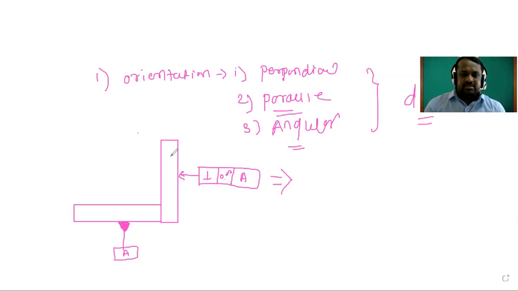This surface should be perpendicular with reference to this surface, within the tolerance of 0.02. That means this component should be perpendicular to A, within what tolerance is needed, 0.02. Okay, understood?